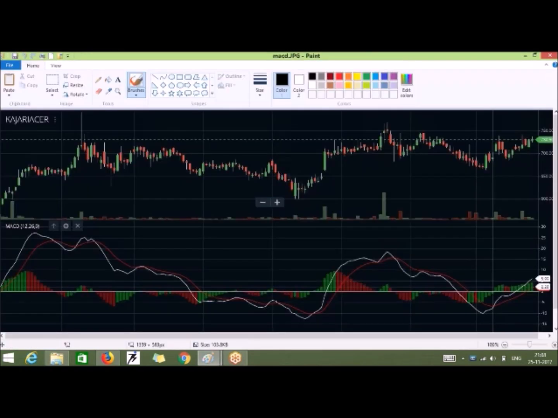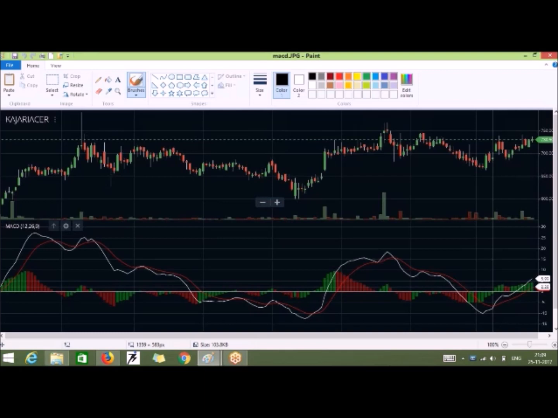So coming to MACD, it compares exponential moving averages of different periods and thus is used to indicate both. It's even similar to ADX. It gives an indication of change in trend as well as shows you the momentum.